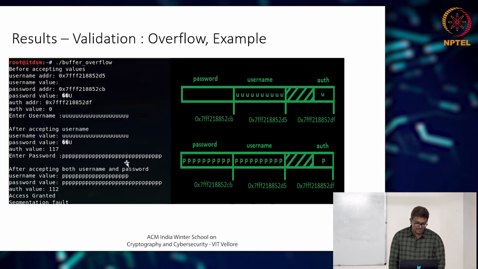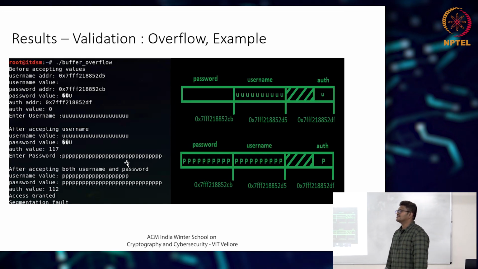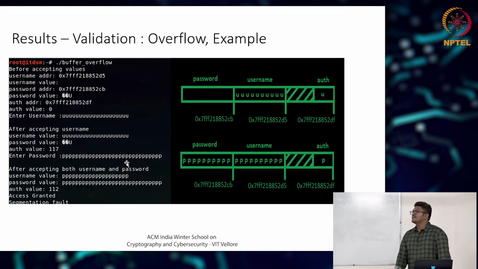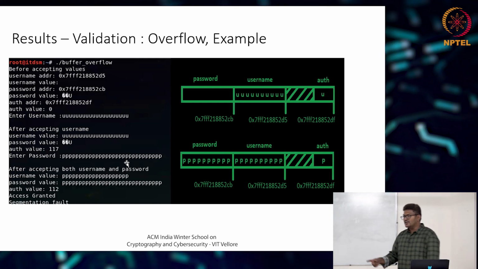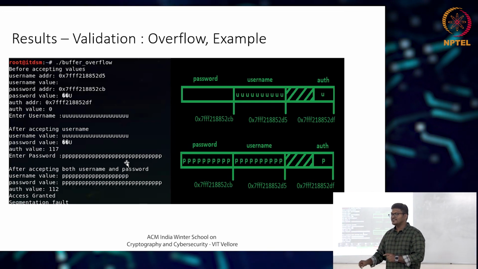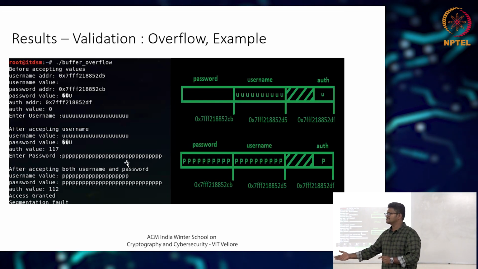Just try the ASCII value of small p. What value are you getting? 112, right? Same. That's what I am saying. Because the authentication variable is 0 by default before execution, when you fill the buffer it touches the adjacent memory and overwrites it. That's how it happened.